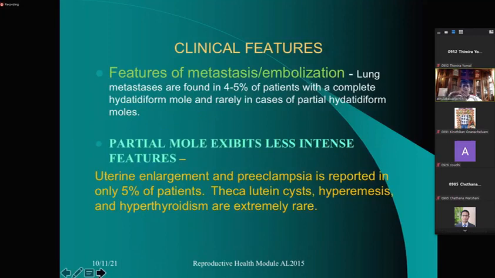The benign lesions usually do not metastasize. But the complete hydatidiform mole and the partial hydatidiform mole can also spread, mainly to the lungs, and produce these cannonball deposits in the lung, due to embolization of this abnormal proliferated tissue.